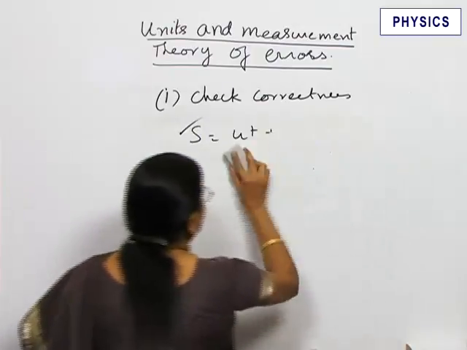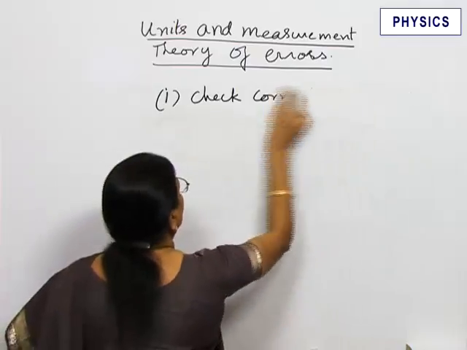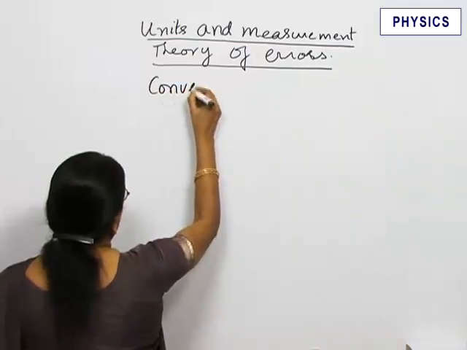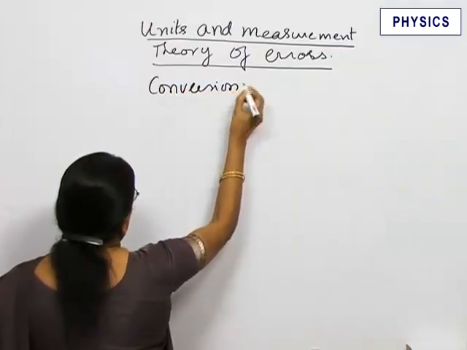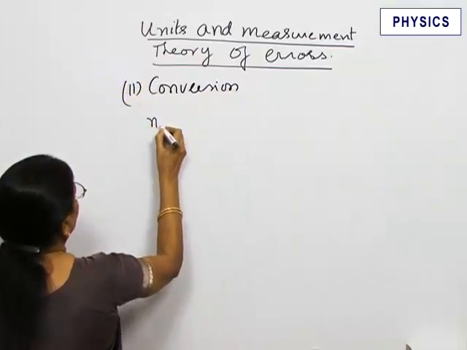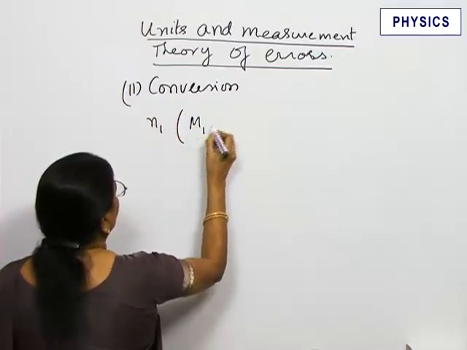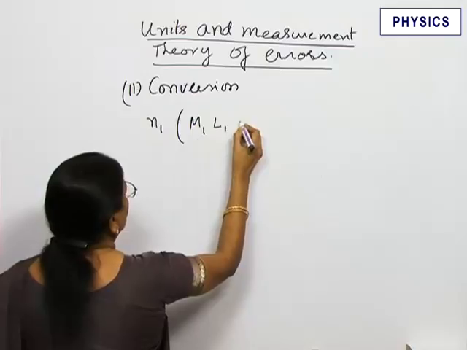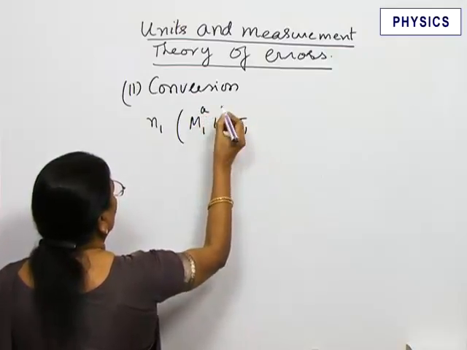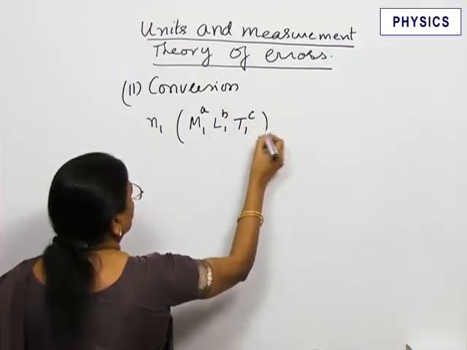The second application is you can convert physical quantity from one system into another. Now suppose we have a quantity whose value is N1 in a system where the fundamental units are M1, L1 and T1. The dimensional formula will be M1 power a, L1 power b and T1 power c.